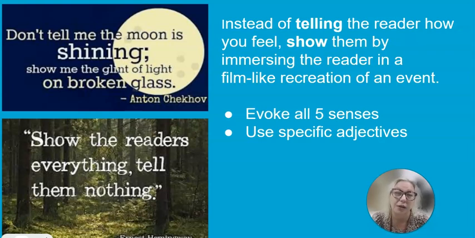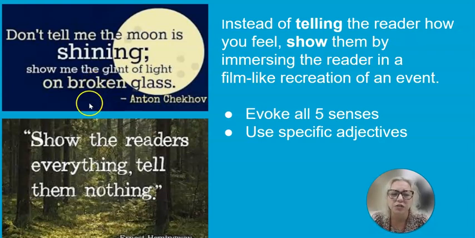Another strategy to do show, don't tell is to use specific adjectives. Adjectives are describing words. So the adjective in this sentence is broken, I guess, is the only one we've got, right? What kind of glass is it? It's broken. So that word is very specific, and it creates the same picture in the mind's eye for each reader.